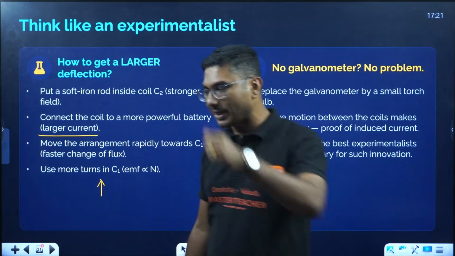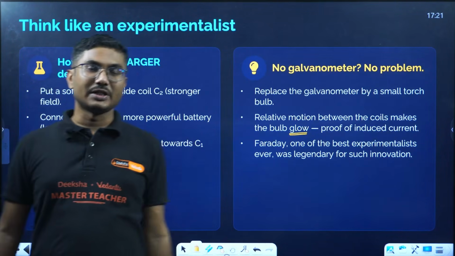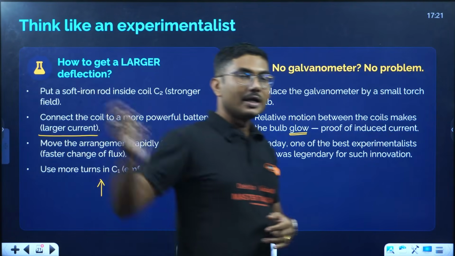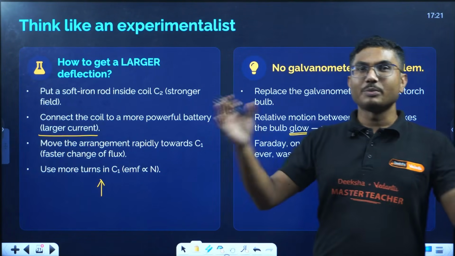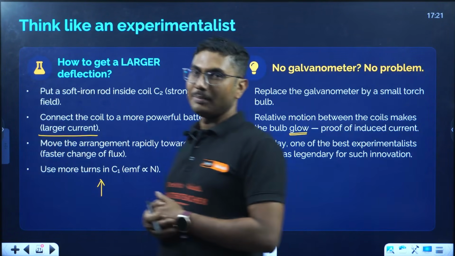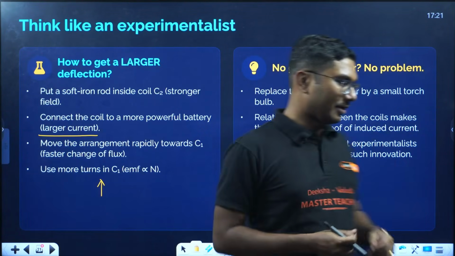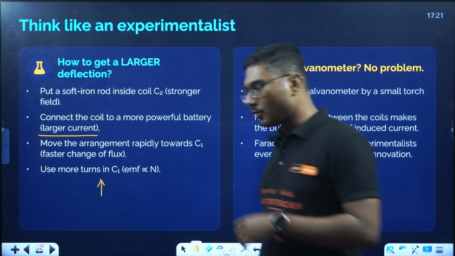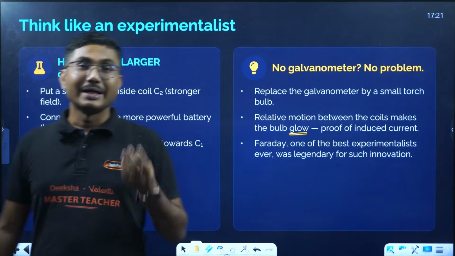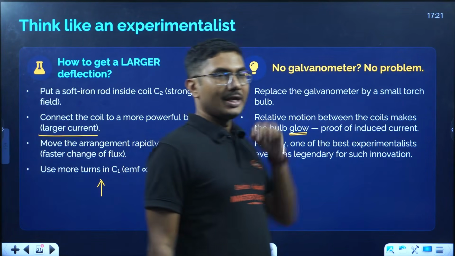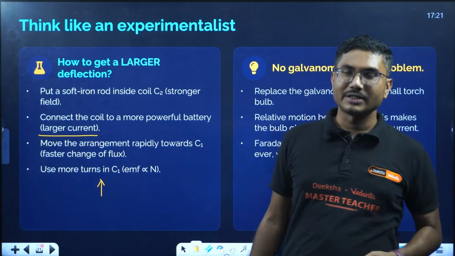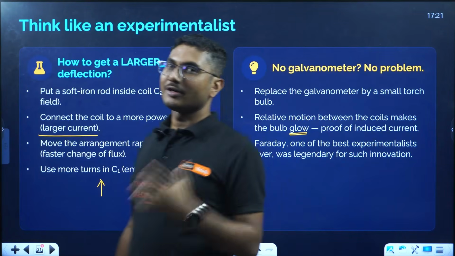In many cases, person A gives a theory, person B does the experiment, and both together get the Nobel Prize. Even though Albert Einstein got the Nobel Prize for the photoelectric effect, he did not perform the experiment. He only gave the theory, which is obviously correct, and that's why he got the Nobel Prize.